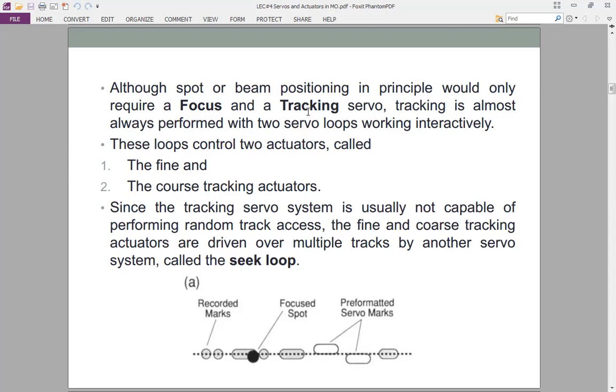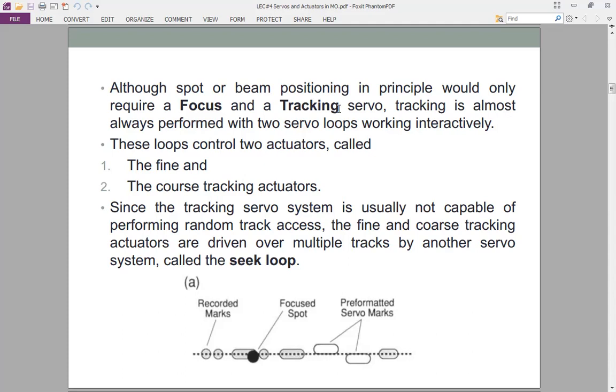We have one servo system which is known as the focus servo, which monitors the up and down movement of the disc. And then we have a tracking servo, which monitors the outward and inward, radial movement of the disc, to ensure that the spot is always on the track.